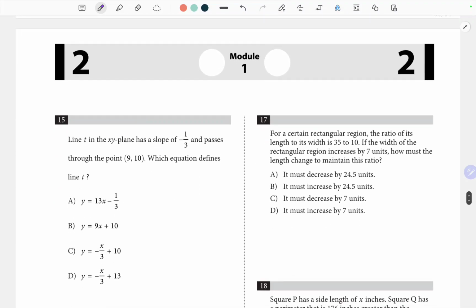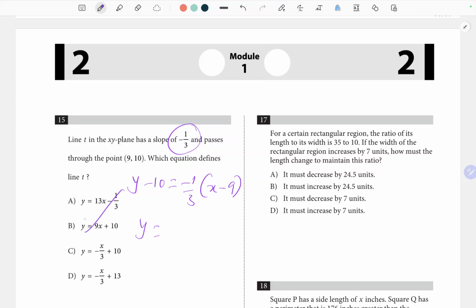Okay, now question number 15. So question 15 says line T in the xy plane has slope or gradient -1 over 3, passes through the point 9, 10. So it's again very simple. Y minus y1 equals m times x minus x1. So this should be the answer. Even I should not do all these things.